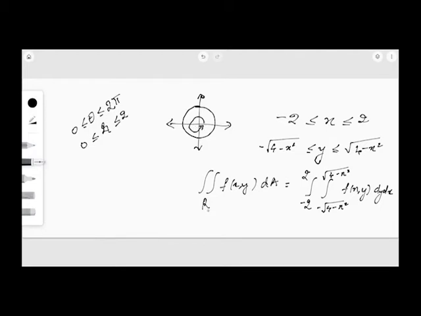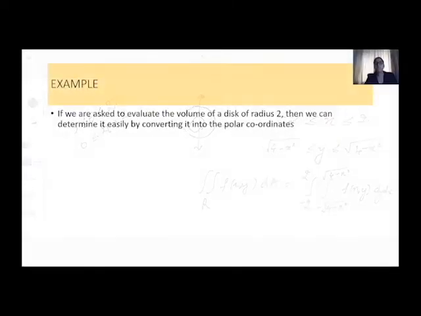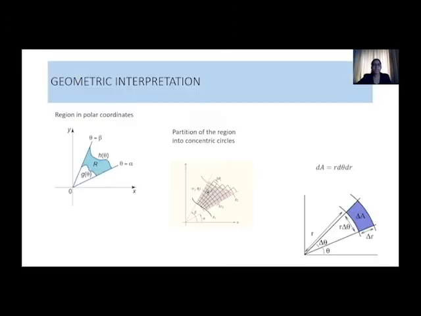So this double integral over R, f of x, y dA, can be easily evaluated with the help of polar coordinates, because the limiting conditions are much simpler: theta varies from 0 to 2 pi and the radius r varies from 0 to 2, right? So that is why we are learning evaluating double integrals in polar coordinates. So let's see how it is brought into the picture.